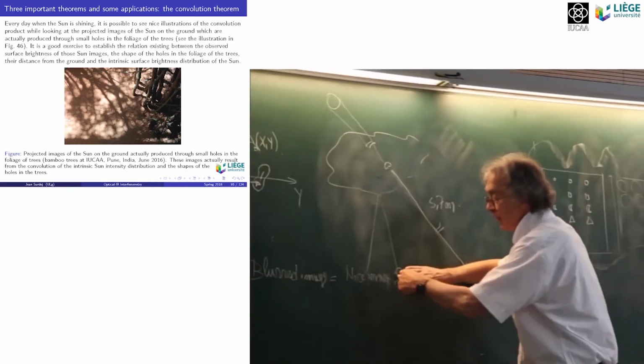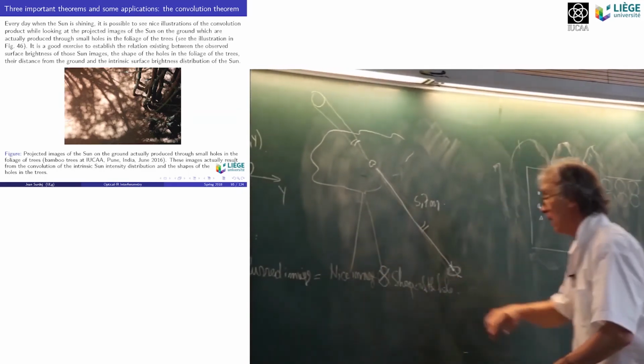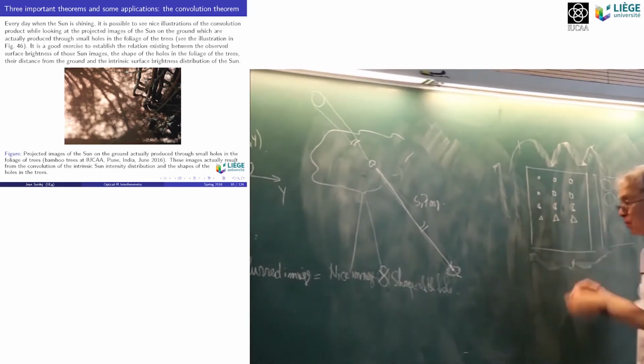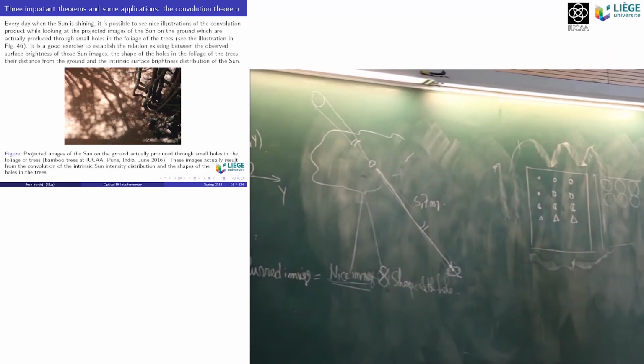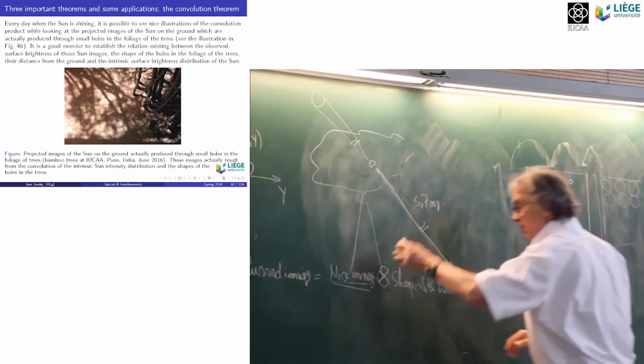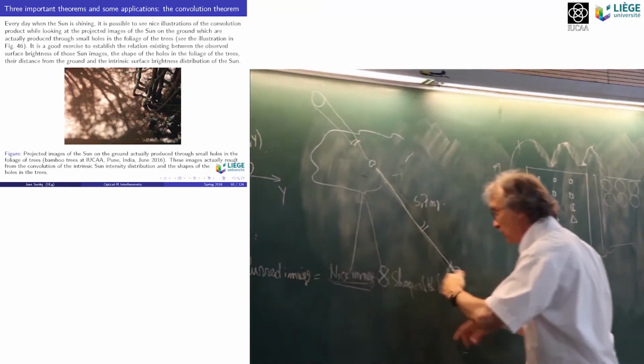So you find that the blurred image, when you're far away, is always equal to the nice image. When you're close, you see the holes because the size of the sun is very small compared to the hole. So this is a Dirac function, so you find that the blurred image is the shape of the hole.